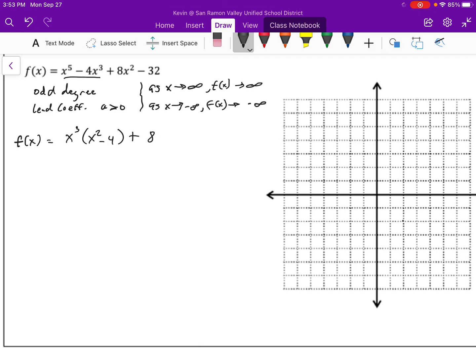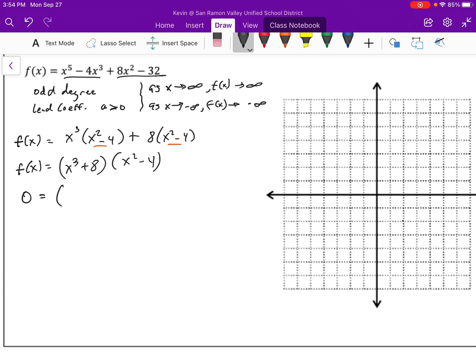And then I'm going to go plus, and I'm going to factor out 8. That gives me x squared minus 4. That's this second part here. And of course, by doing that, these two factors are the same. So f of x equals x cubed plus 8 and x squared minus 4. All right, so that's factoring.